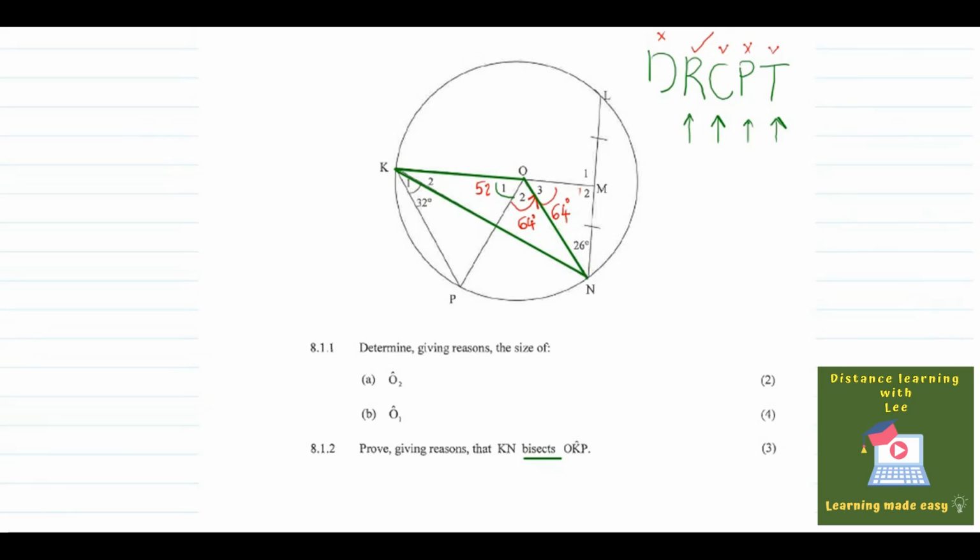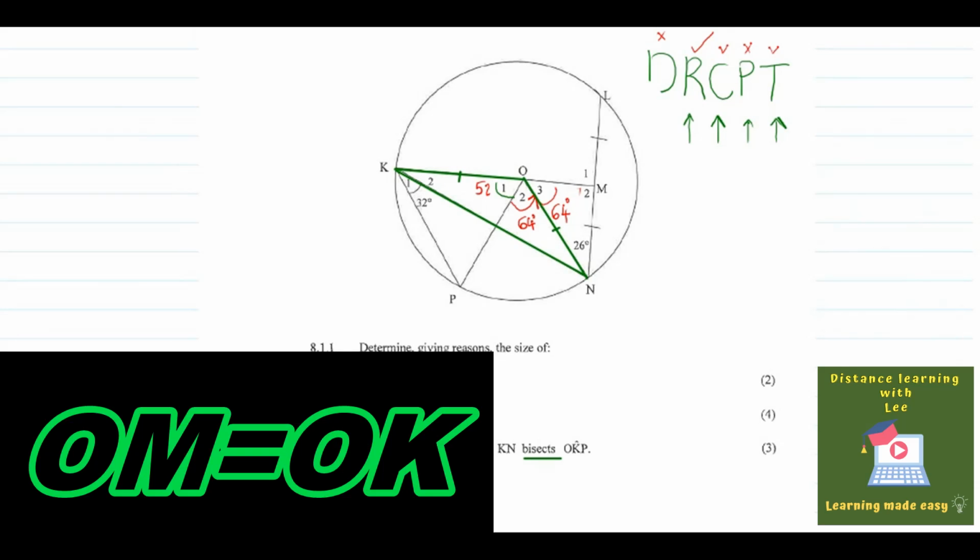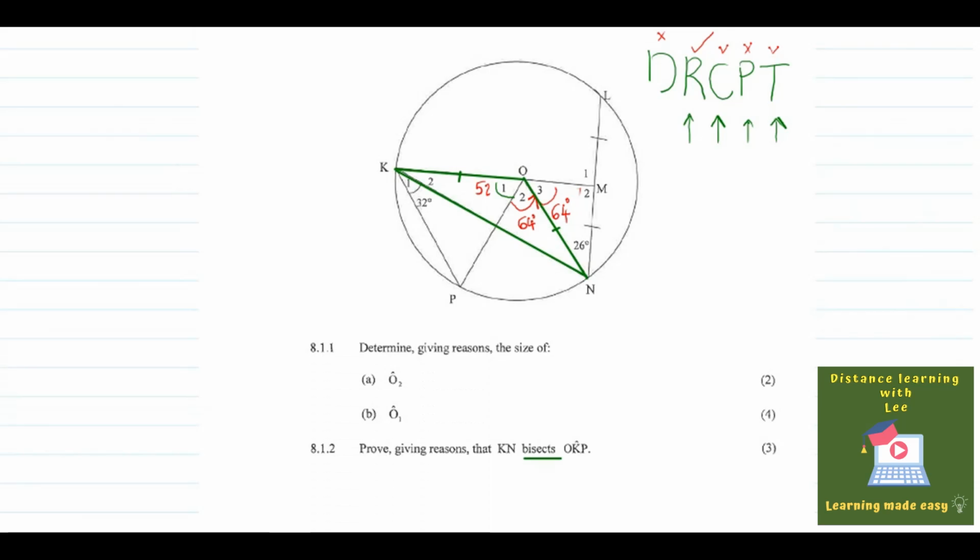And once we can see that these two are equal, what does that tell us? Because our OK is equal to ON, it means that our triangle OKN is an isosceles triangle, meaning that the angles that are opposite the sides that are equal are equal.